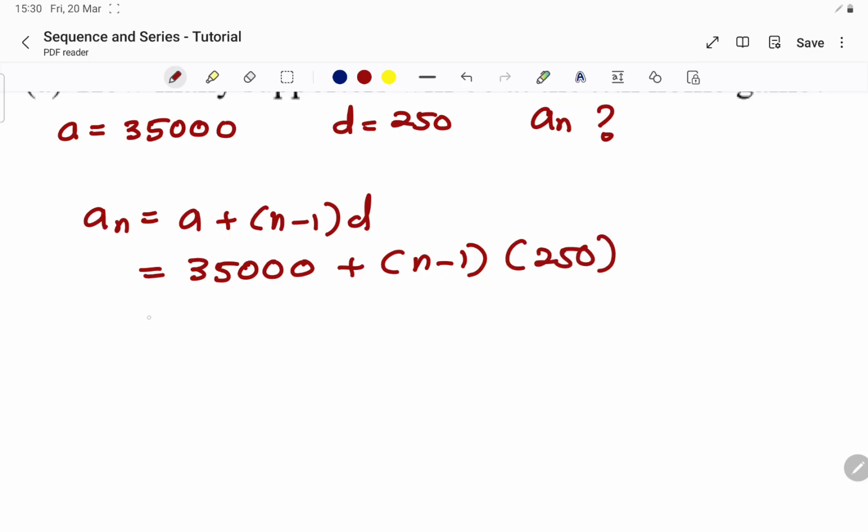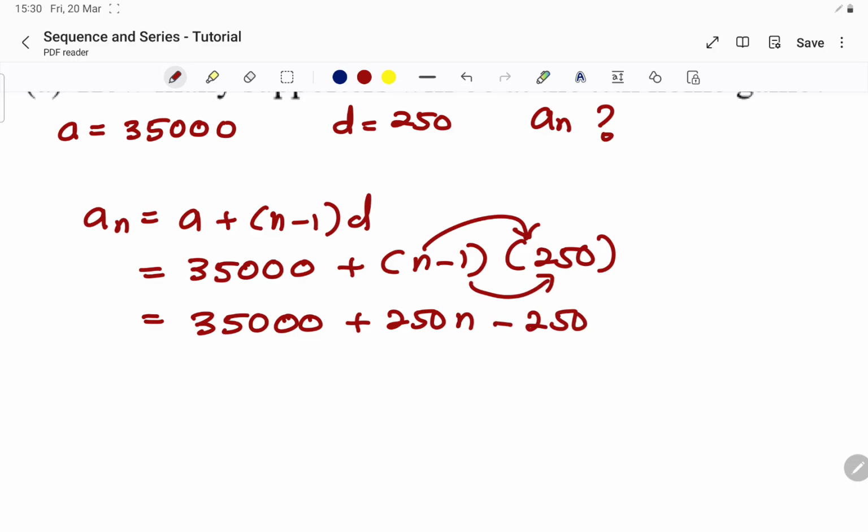Now you guys have to expand this only. So 35,000 plus n multiply with 250, so 250n. Negative 1 multiply with 250, you're going to get minus 250. Then 35,000 minus 250, you're going to get 34,750, plus 250n.